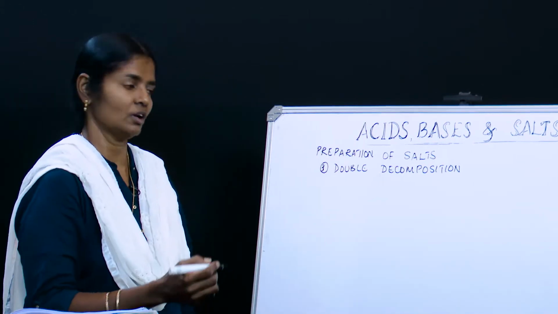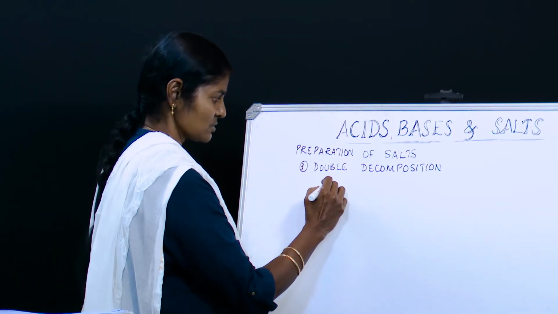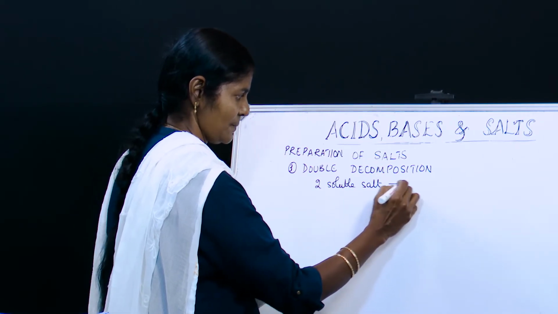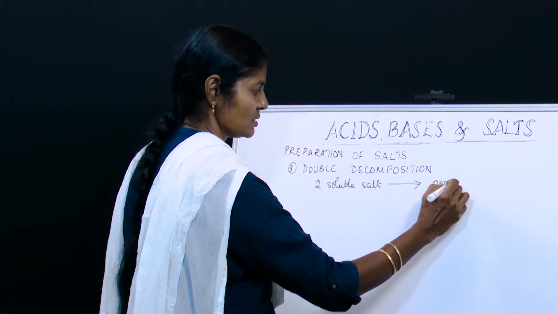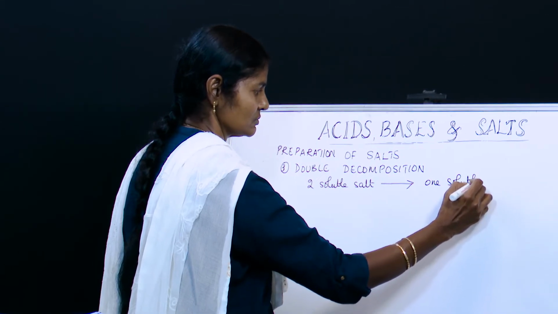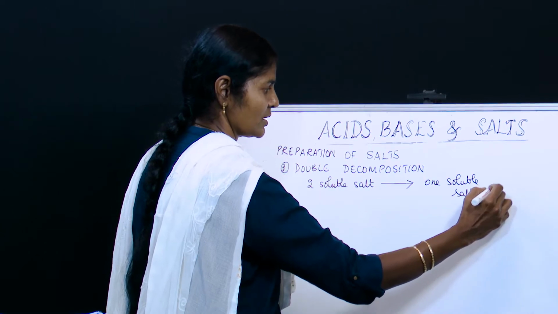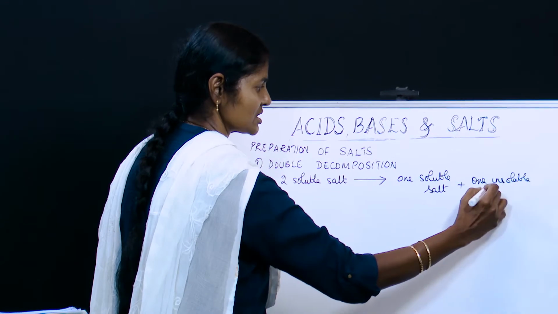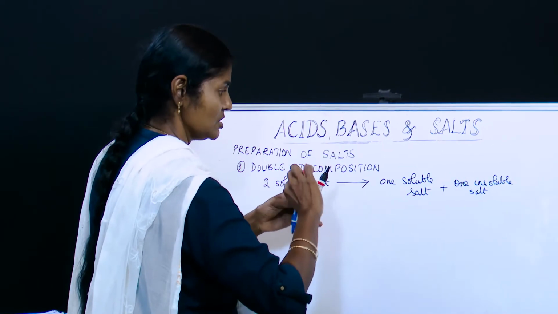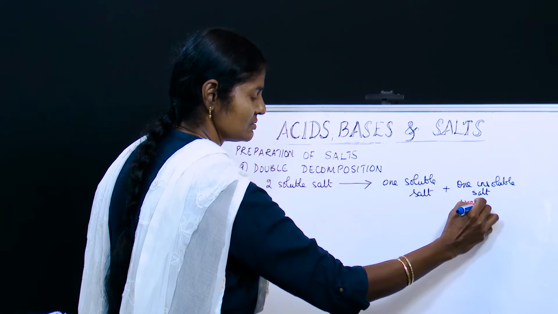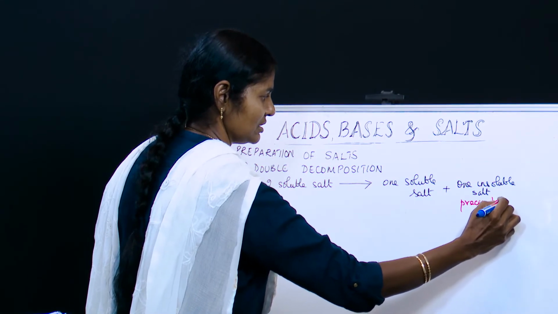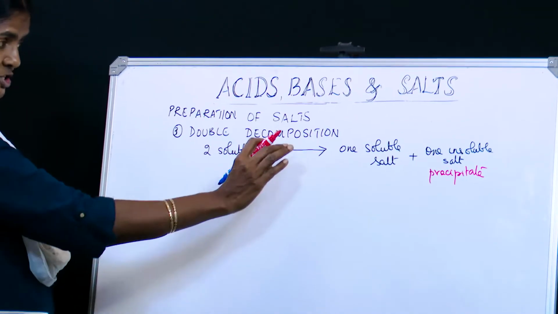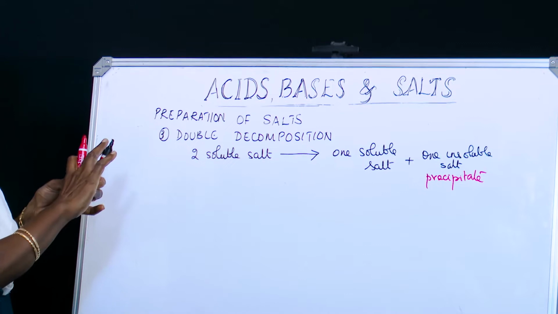When we have two soluble salts, they act together to give one soluble salt and one insoluble salt, which forms a precipitate. This precipitate is taken, filtered, and the soluble salt is retrieved from the dissolved portion. So this is how salt is prepared.